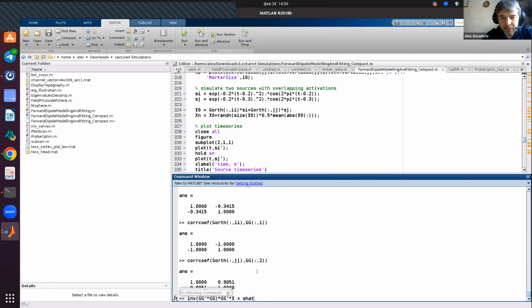This one that was before here, right? This one, because you have X, you know G, you don't know S. Okay, it's like a regression problem. Like in ANOVA you do basically a similar thing. So you don't know the regressor. So what you do, you have to take the inverse of this and multiply by X, right? But the inverse of GG doesn't exist because GG is tall. It's like when you did measurements of 2 springs.